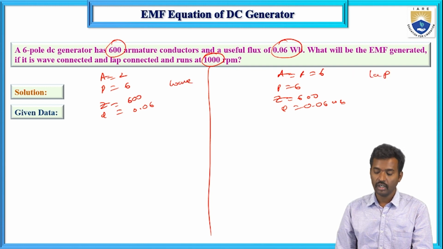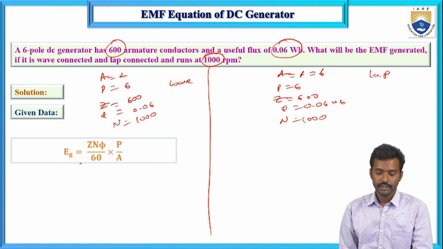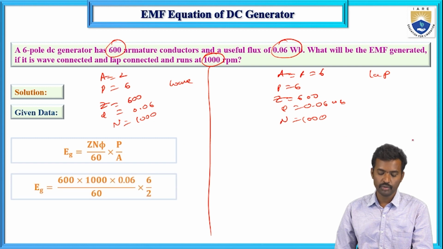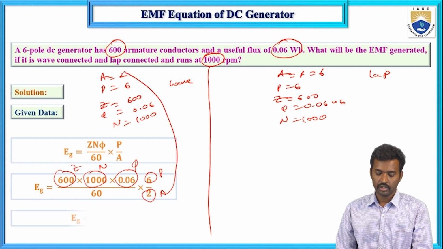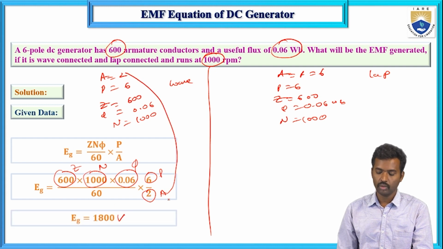And next thing here, induced EMF, N equals to 1000. Eg equals to Z N phi by 60 into P by A. If you substitute in, this is Z and this is N and this is phi, this is P and this is the A equals to 2, and the value is 1800 volts.